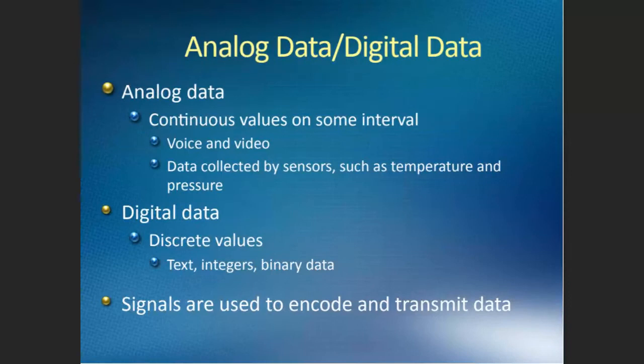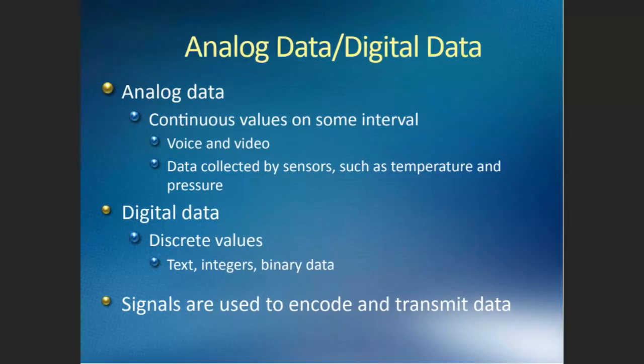So we have analog data. It's continuous values over some intervals. Examples are voice and video. Human voice is analog. If you know someone who talks digital, let me know, please. Maybe robots, but it's not a human.